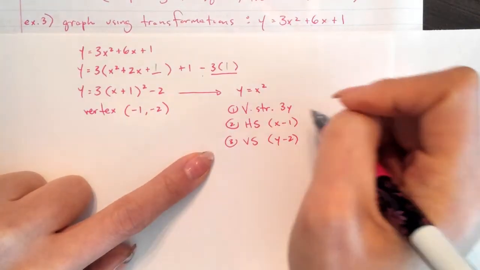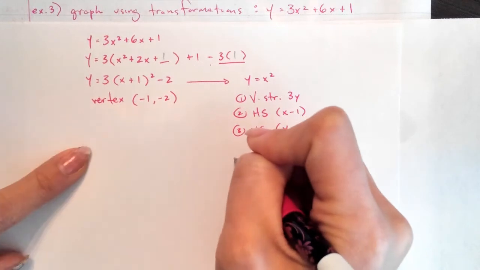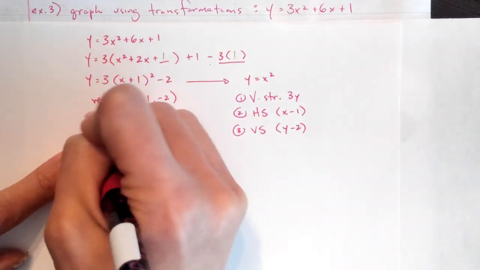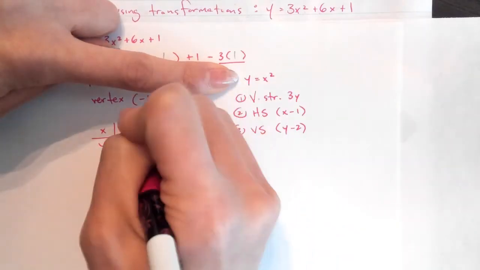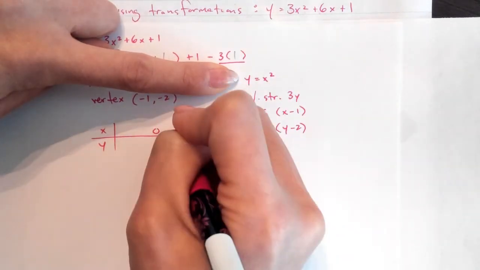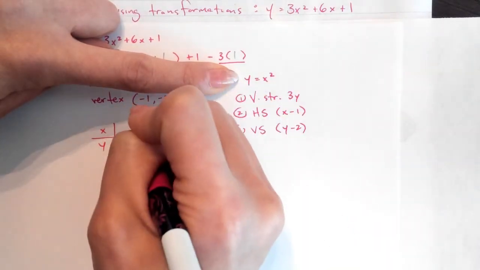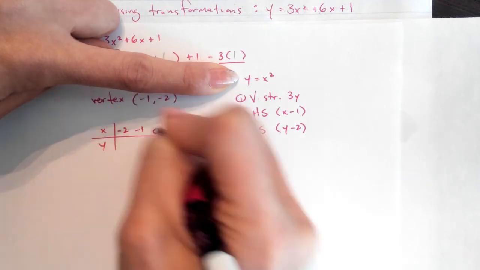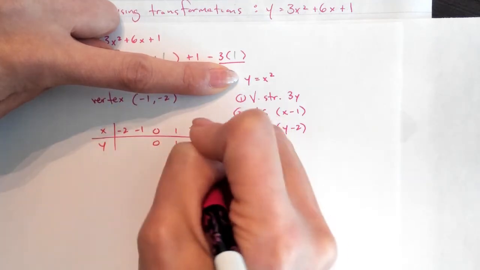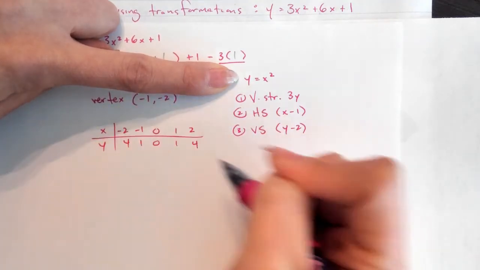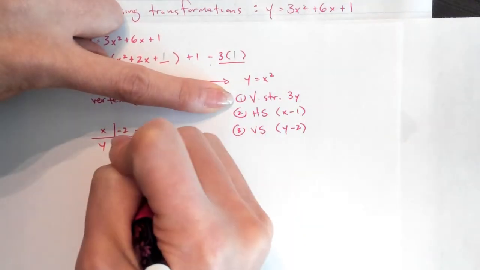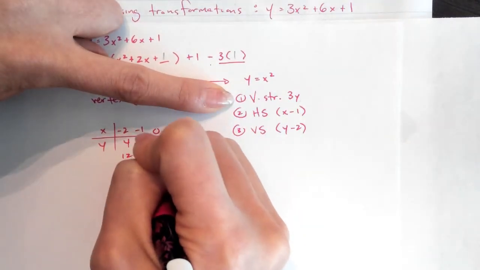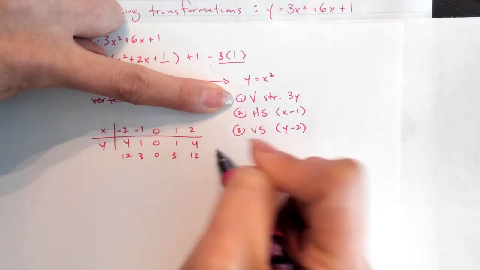And then when I do my little xy's, I'll do it over here just because there's space. So xy, I start with this, and I go 0, 1, 2, and then negative 1, negative 2. I square them, and then I do step 1. So this says times 3. All right, so 12, 3, 0, 3, 12.